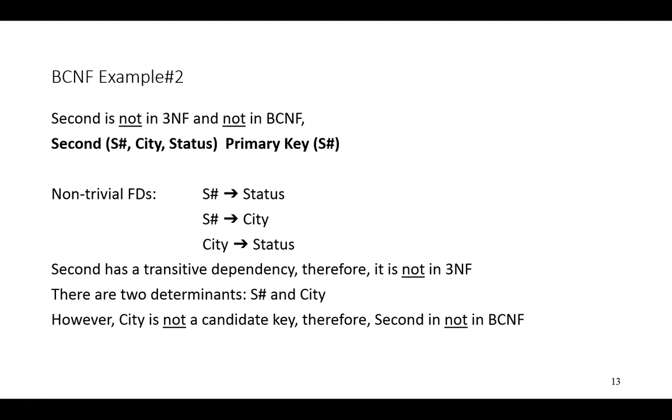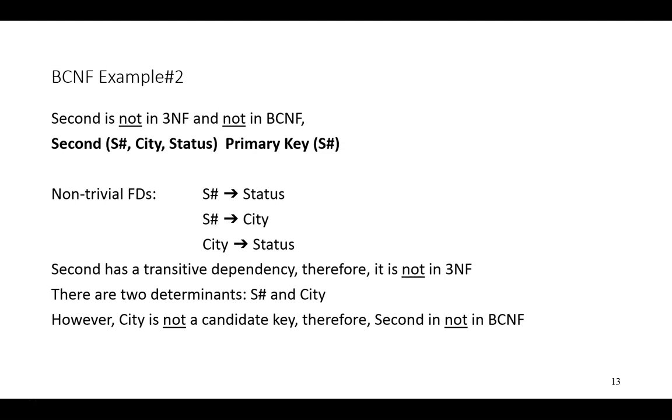Let's consider another example. We reveal the assessment here as second does not qualify as being in third normal form, nor does it qualify as being in Boyce-Codd normal form. Second has three attributes: S number, city, and status, and we're told that the primary key consists solely of S number. The functional dependencies, the semantics behind this, indicate that S number determines status, S number determines city, city determines status.